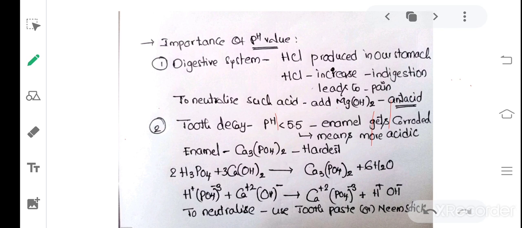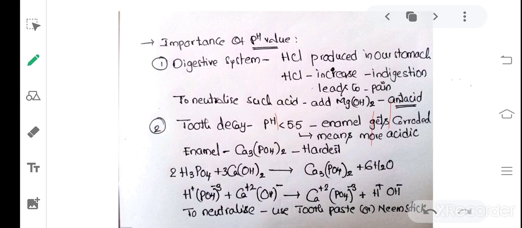So at that time you need to neutralize that acid. How to neutralize the acid? Simply by adding a base to it. Such a base is called an antacid. Magnesium hydroxide, which we call milk of magnesia, is a mild base usually used as an antacid.